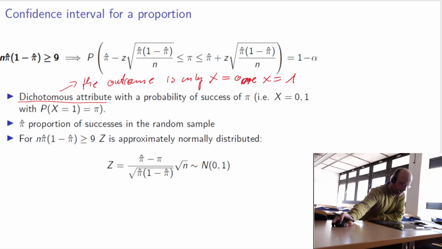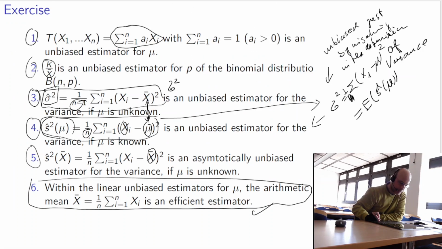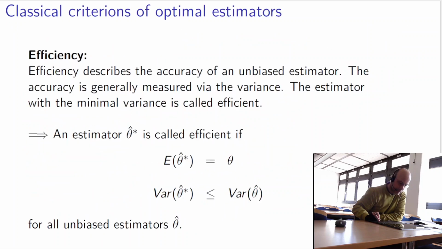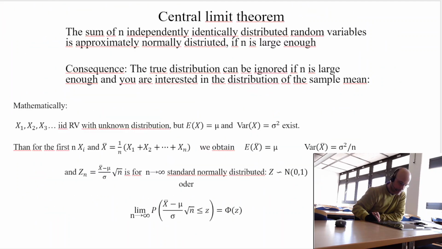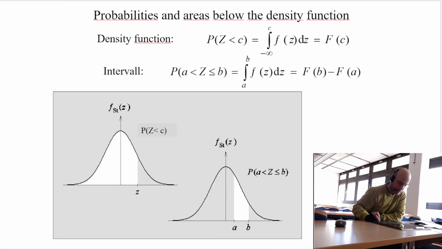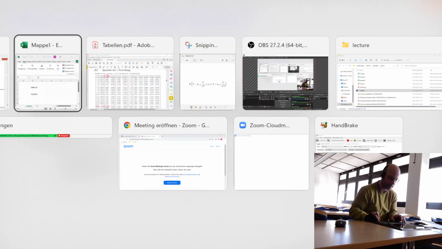If we go back here, did we have it? The random variable? Variance of... no, this was then the other lecture. Oops.